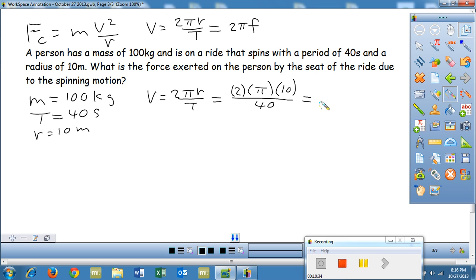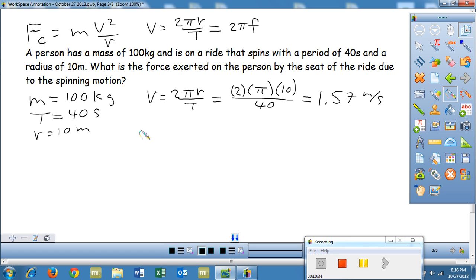Yep, 1.57 meters per second. 2 pi times 10 divided by 40.